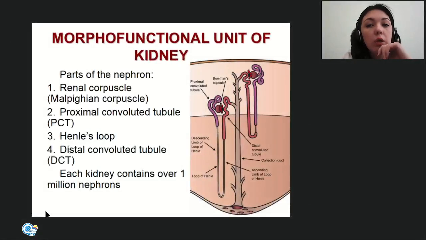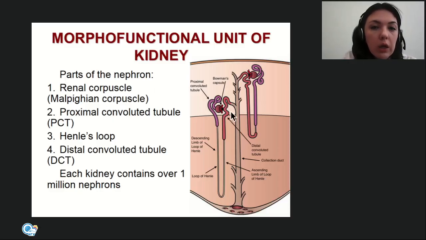So to understand what exactly is located in cortex and medulla, we have to say a few words first about the morphofunctional unit of kidney, which is the nephron. Certainly you remember that a morphofunctional unit of any organ or tissue is the smallest part of the organ that can perform all of its functions. The parts of the nephron are the following. First the renal corpuscle, or Malpighian corpuscle.